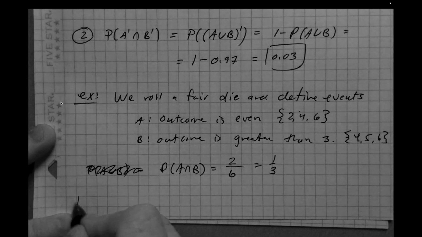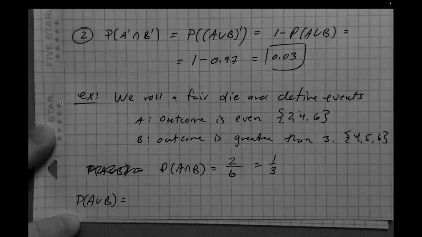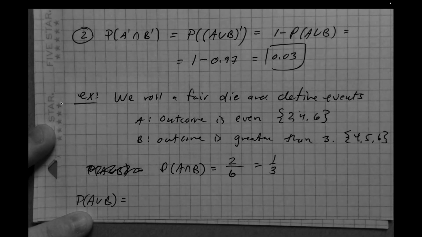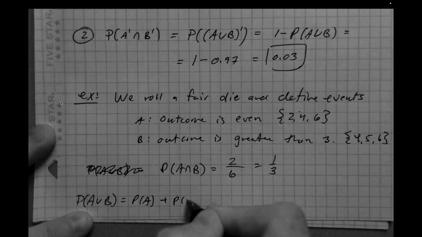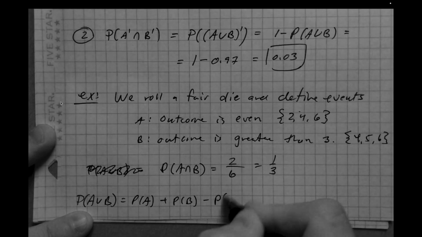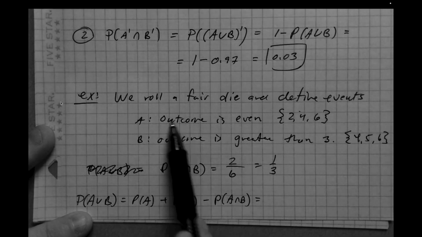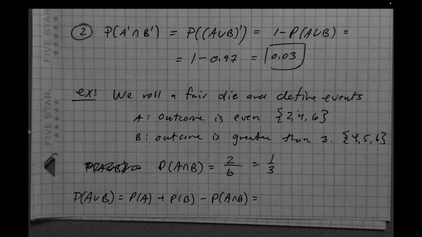And so then, secondarily, let's calculate the probability of the union. So either even or greater than 3. That's going to be equal to the probability of A plus the probability of B minus the intersection. So the probability of even is 3 out of 6, so 1/2.